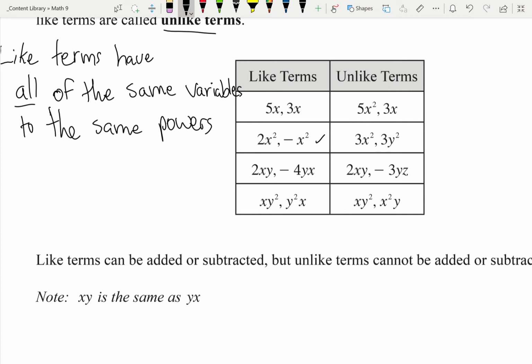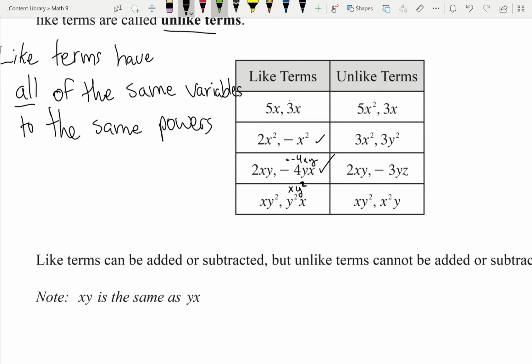The order doesn't matter so much because this is the same thing as negative 4xy. So these are like terms. Additionally, I have xy squared and then y squared x. How about this? They are like terms. Again, I can rewrite this as xy squared.